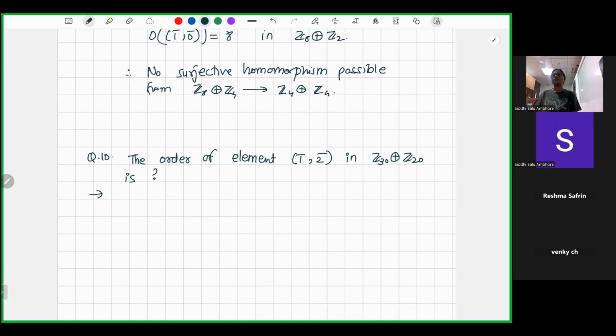What is the order of this element in Z30 plus Z20? Can someone guess what this is?